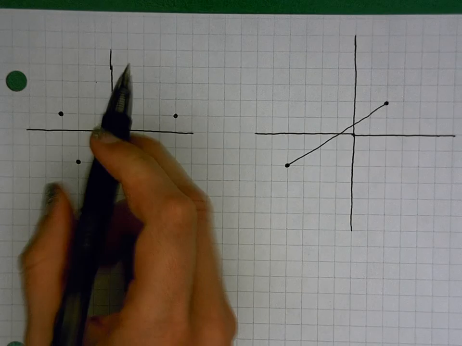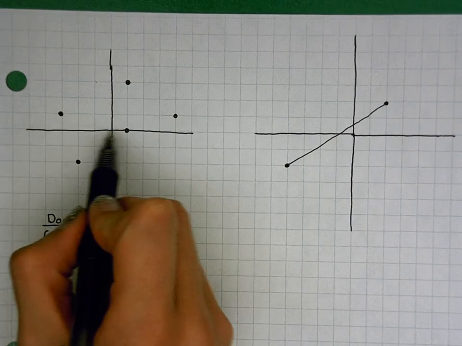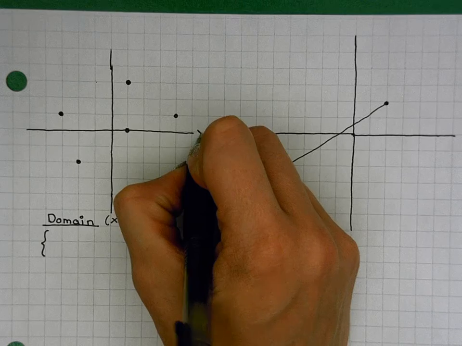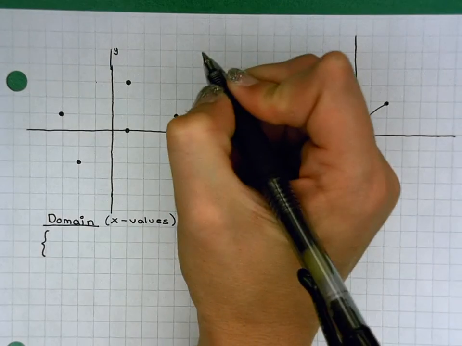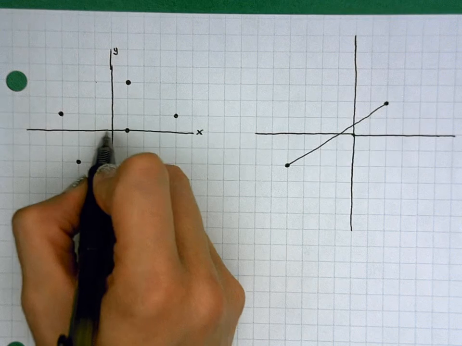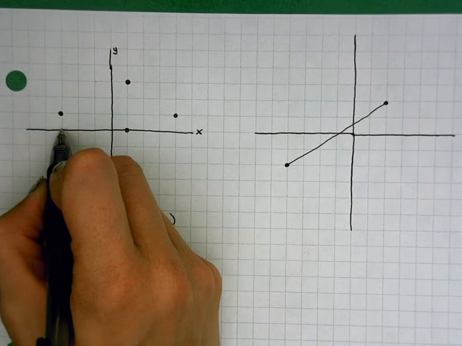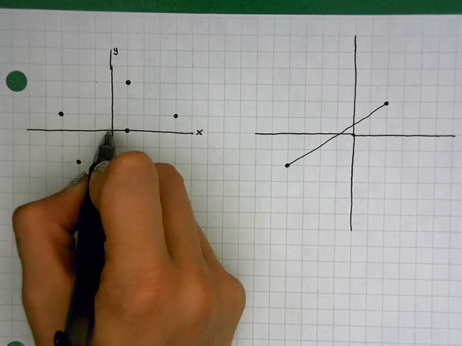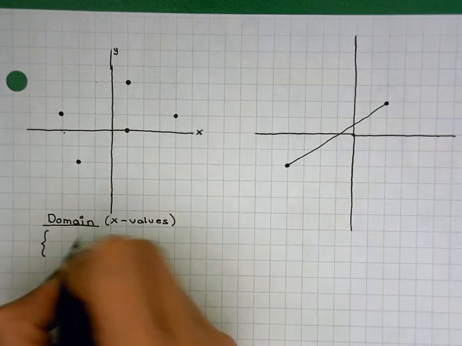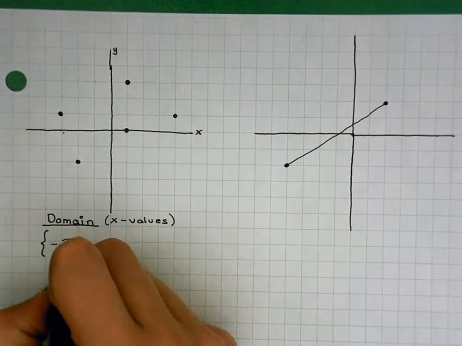So I'm looking here at my x values. So for this point, remember x is left and right. So this is the x-axis. The y-axis goes up and down. Okay, for my x-axis, I'm going to go left 1, 2, 3 to get to this point. And so this point's x value is at -3. So that's going to be my first domain.